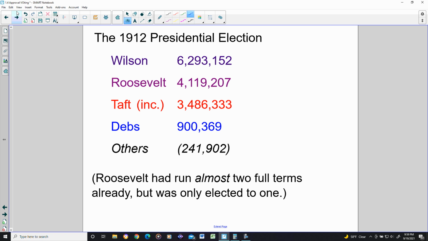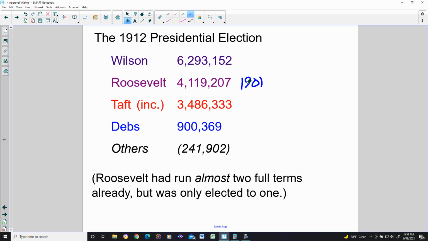So a little bit about this election, just the flavor behind this. Woodrow Wilson does win this. He's the president. He serves 2 terms, takes us through World War I. But Roosevelt's the important piece here because Roosevelt was already president for 7.5 years up to this point. He becomes president in 1901 because he serves out the remainder of William McKinley's term.